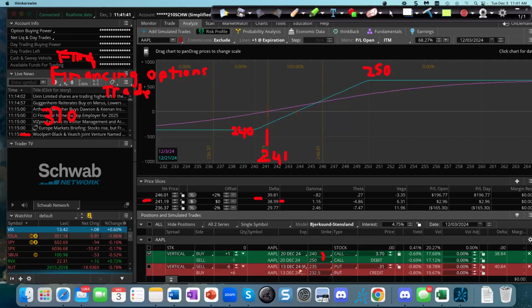So let's say I go here, the December 20 is 17 days out. I go to December 13, which is 10 days out, and I sell a put credit spread with the short at 235, 6 points below where Apple's trading at now. I sell a 2.5 point wide spread for 31 bucks. And basically, I sell 6 of them.